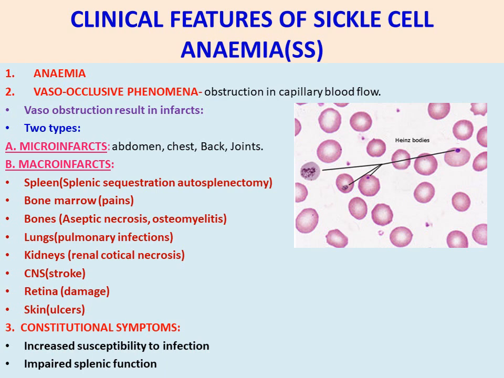In bone marrow, it causes pain. In bones, aseptic necrosis and osteomyelitis. Lungs, pulmonary infections. Kidneys, renal cortical necrosis. Central nervous system, stroke. Retina, damage of the retina. Skin, ulcers. So all these vaso-occlusive phenomena, infarcts, are due to obstruction of blood flow in the capillaries.